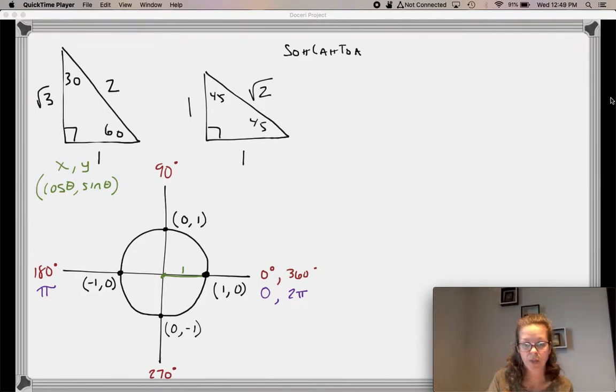Then as we're going around the circle, what's halfway between 0 and pi? A half of a pi. We write that as pi over 2. So we've got 0, we've got a half, we've got 1. Down at the bottom, we would have 1.5 pi's, but we write it as 3 pi over 2. 3 over 2 is 1.5.